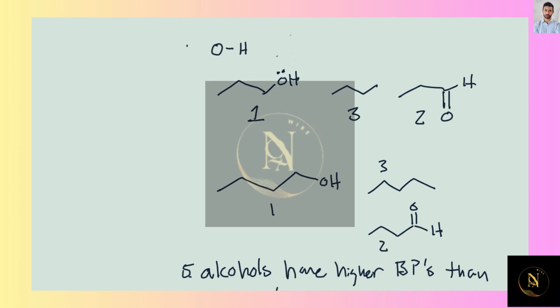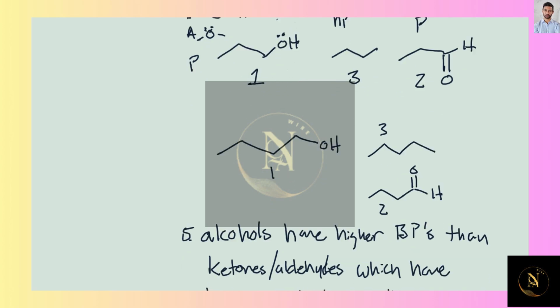This is our donor, and this is our acceptor. Alkanes don't have any hydrogen bonding capabilities, and they're nonpolar. Aldehydes or ketones don't have hydrogen bonding abilities, but they are polar. Alcohols are also polar, of course. Anything capable of hydrogen bonding must be polar.